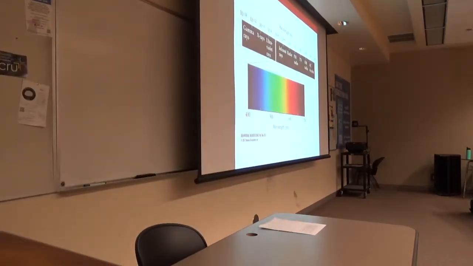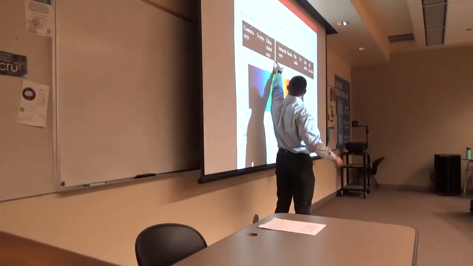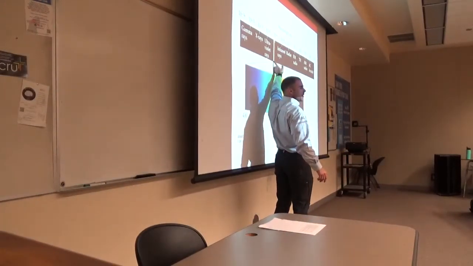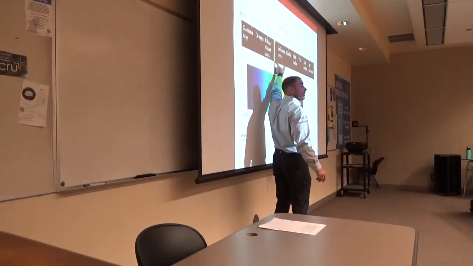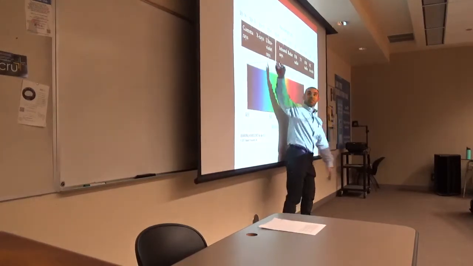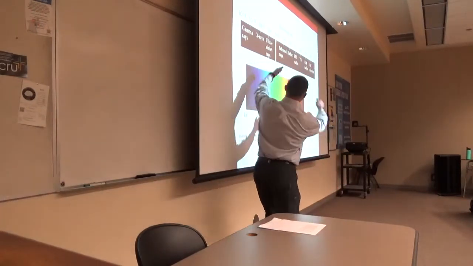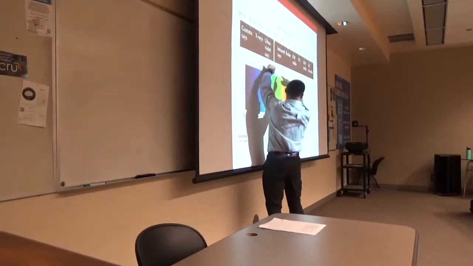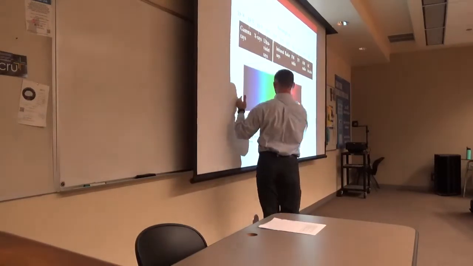So this is showing this tiny little baby part of the electromagnetic spectrum that our eyes can see. Basically, we can't see much. Look at how much else is happening in our electromagnetic spectrum, and we can't see it. All we can see, so this is zooming in on our rainbow. So this is our color spectrum. It's our rainbow.